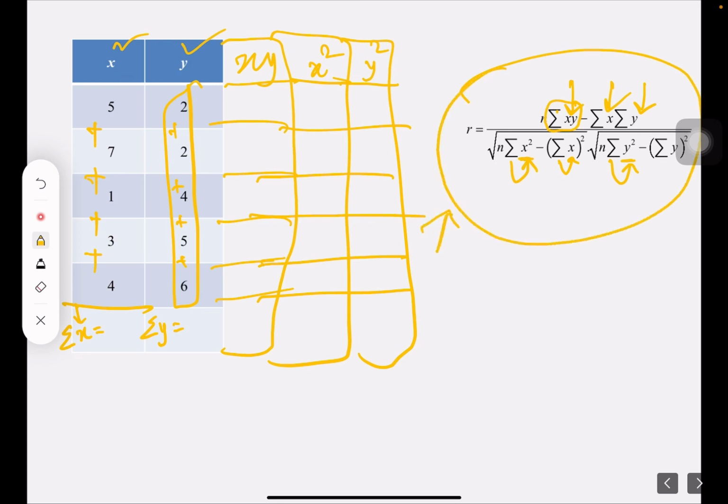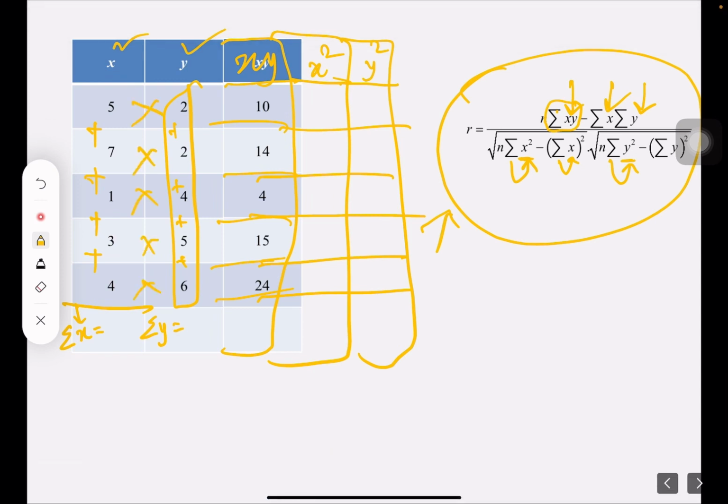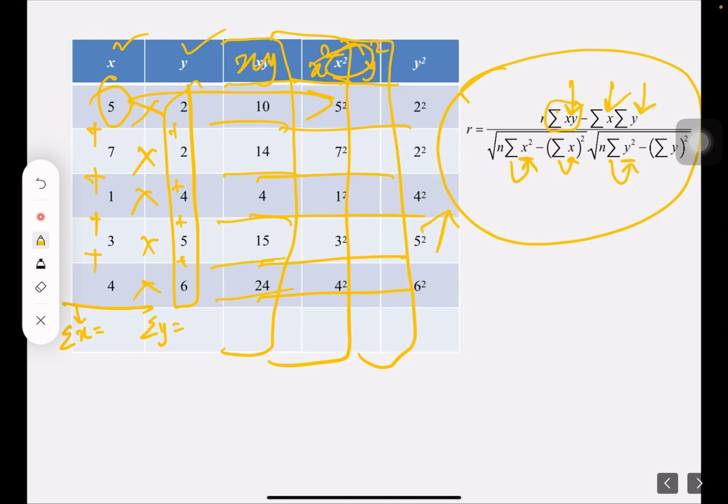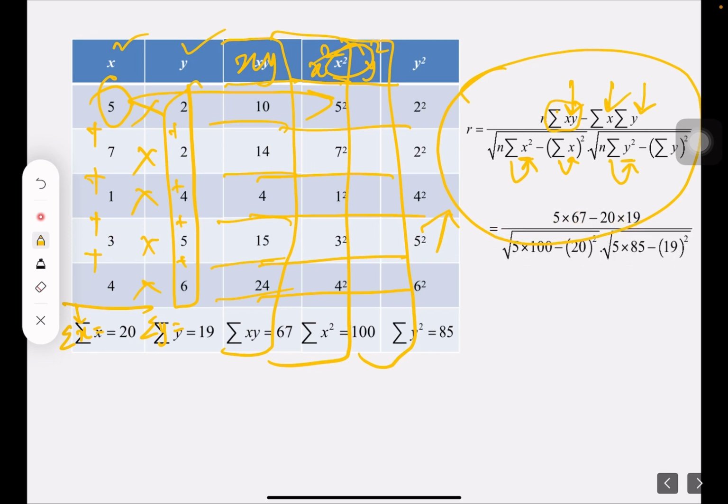For xy, you just have to multiply x times y. Then you need to get x squared, meaning the value of x here is 5, so 5 times 5 is 25. Next y squared, then you need to sum up all the values, put them in the formula, and finally you get a negative value.